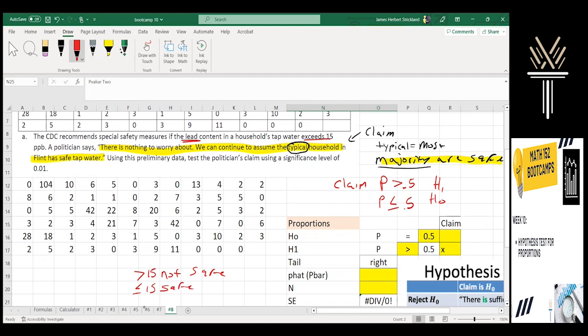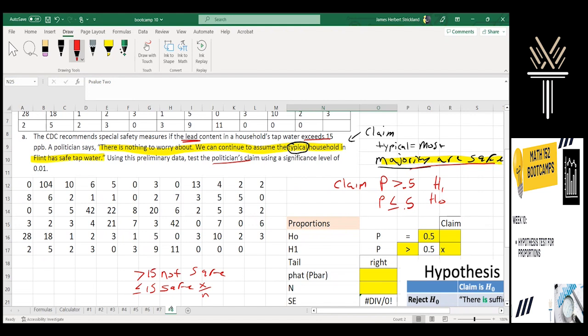And we're talking about this case from the perspective of the politician. From the politician's point of view, we want to know about the ratio of safe homes, because that's what his comment was about: the majority are safe out of total homes.